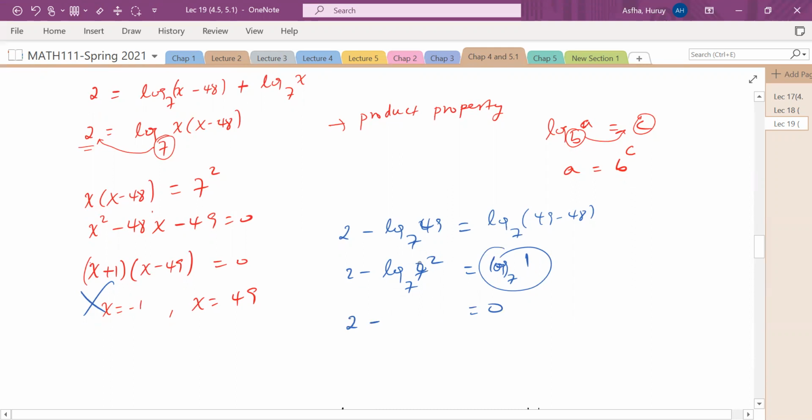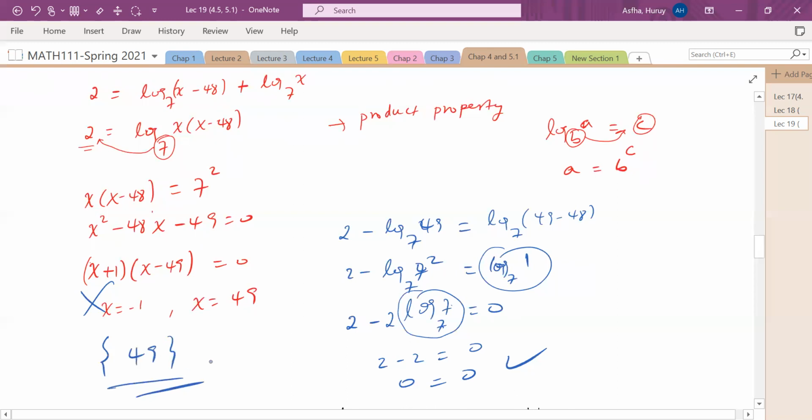Using the power property, I can rewrite 2 log 7 as log 7 base 7, and as you can see, we have the same argument and the same base, therefore this is 1. So we have 2 minus 2 equals 0, 0 equals 0, which is true. Therefore, the solution to this one is 49.